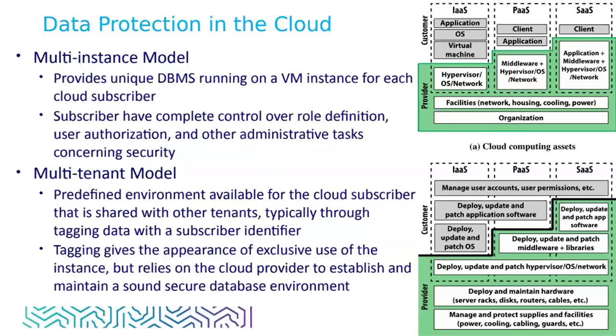That means in this model, each customer receives a separate database instance. Each instance runs independently so that customers do not share the database management system with other subscribers. So that means it provides a much greater isolation.